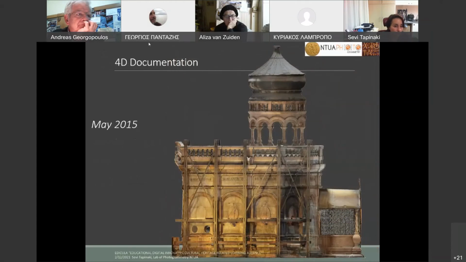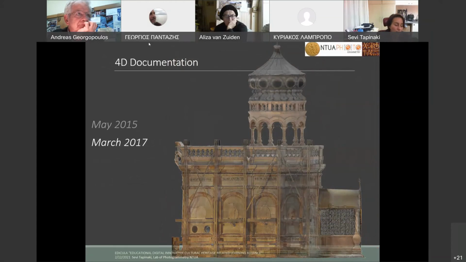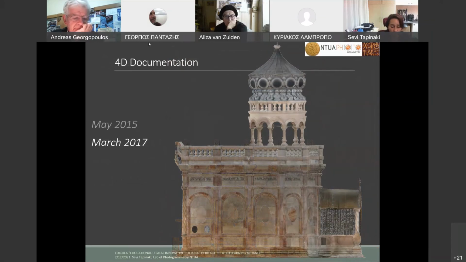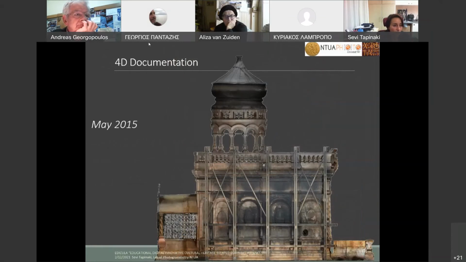We can see the changes through time from the initial to the final phase. And another view.